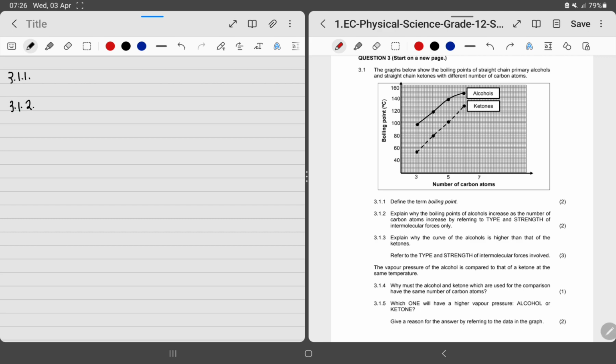3.1.2. Explain why the boiling points of alcohols increase as the number of carbon atoms increases by referring to the type and strength of the intermolecular forces.